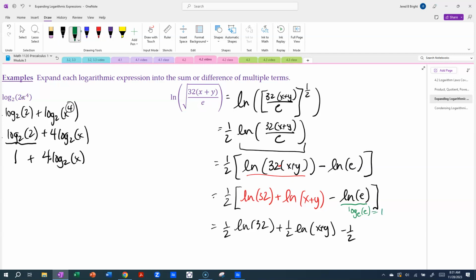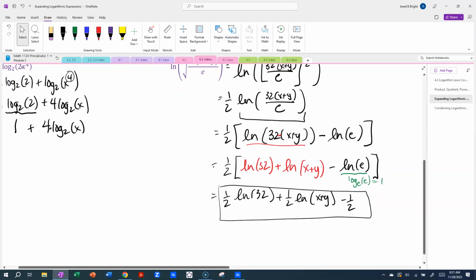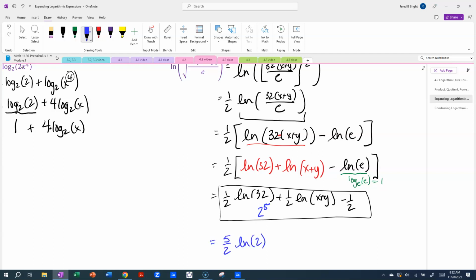Okay, just to add a little bit of clarity, there you go. Okay, and that would be fully simplified. Again, if you felt super motivated, and this is for individuals who are super motivated, 32 is 2 to the 5th. So you could write this as, say, 5/2 natural log of 2 plus whatever's left over there. But again, natural log of 32 is just fine.